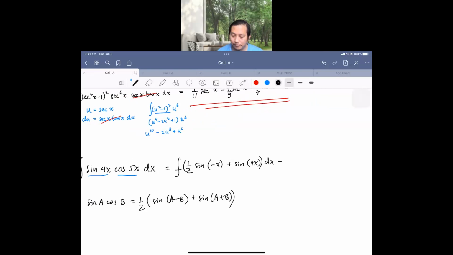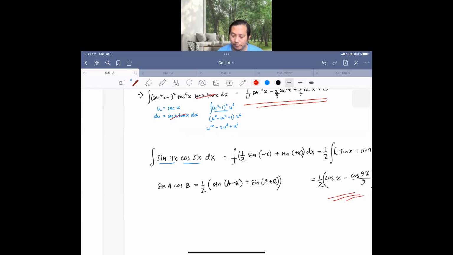And still we have to solve this: half, and then this will be negative sine x plus sine 9x, dx. And this would result in negative sine becomes cosine x, and sine 9x becomes negative cosine 9x over 9, and then plus c.